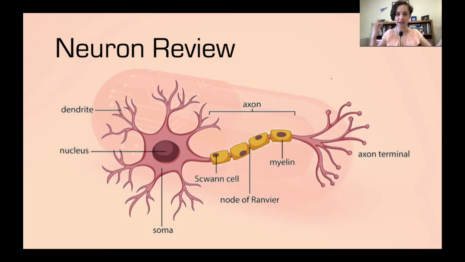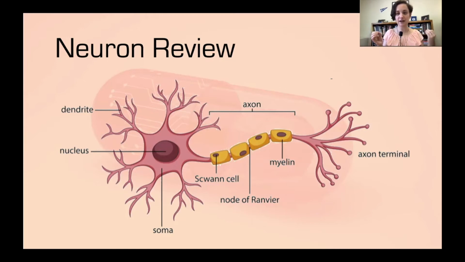So a tree takes in sunlight and transforms it and stores that in the trunk. In the case of a cell, the dendrites take in neurotransmitters and action potentials or electrical signals, and they store that information in the cell body known as the soma. The soma is sort of like the trunk of the tree. It is where the nutrients are stored and where neurotransmitters are created.